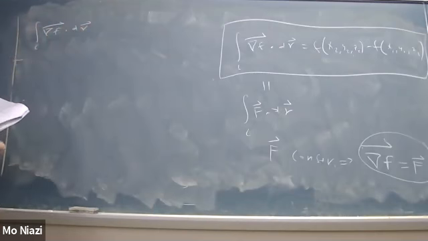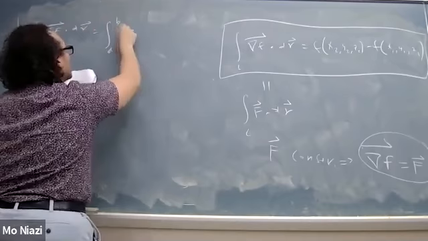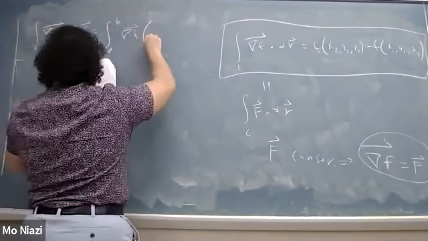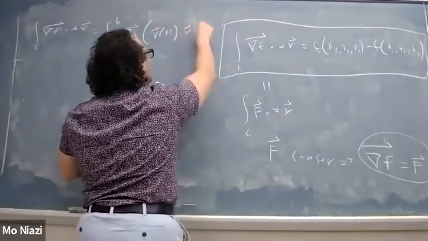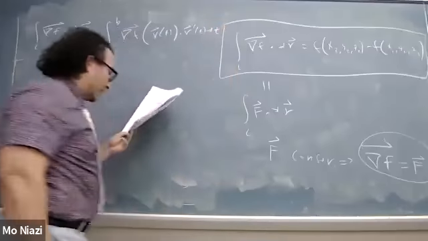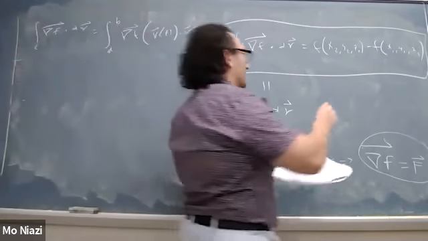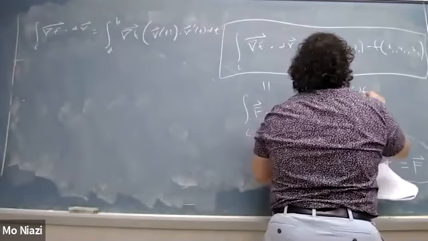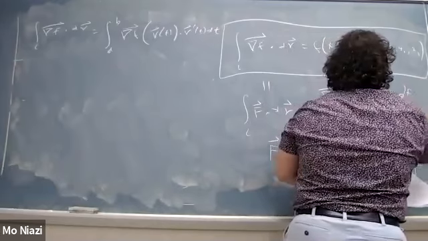Okay. Notice that this is the same thing as this. Is it not? Yeah, it is. Oh, but when we apply the definition of the gradient, recall that the gradient of a function is just partial f partial x, partial f partial y, and partial f partial z.